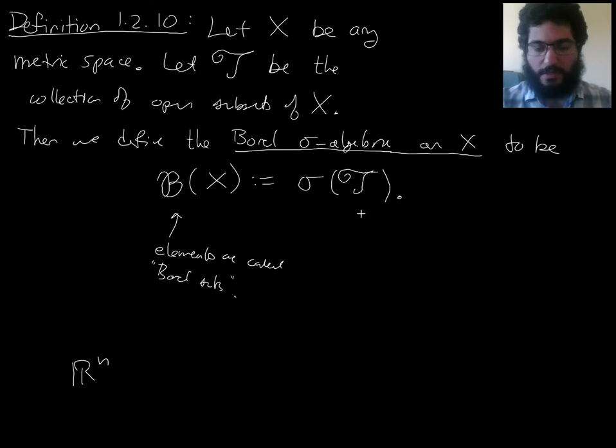So, for one thing, when you create a sigma algebra out of the open sets, you need to make it closed under complements, right? So you immediately need to also include the complements of the open sets, which are the closed sets. So it would be equivalent to define the Borel sigma algebra to be the one generated by closed rather than open subsets.